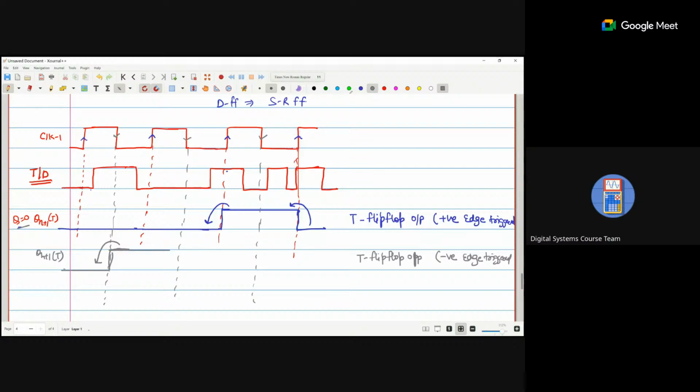Now negative edge appears, T is 0, so it stays the same as the previous condition. Again the negative clock appears, T is 0, so it is again the same as the previous condition.